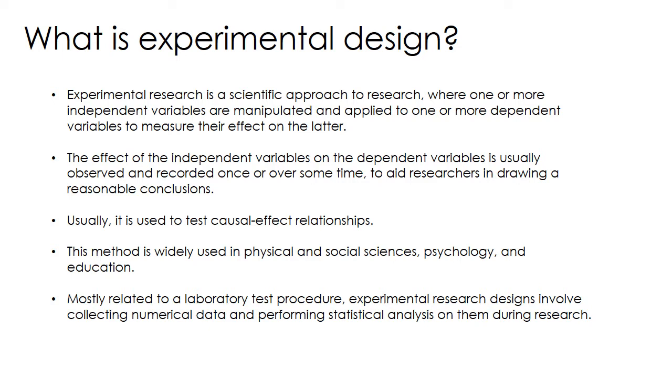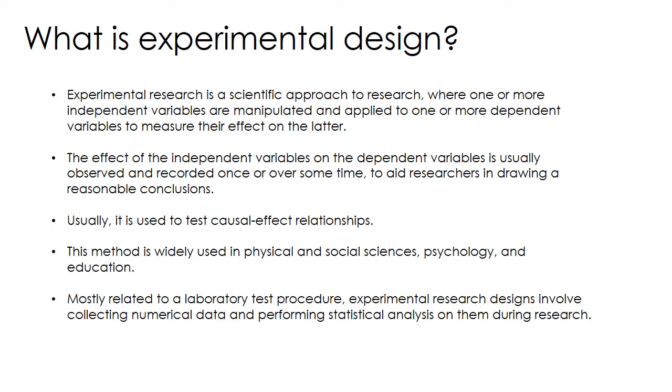In experimental design specifically, what we would like to examine is the effect of one variable on another. It can be one independent variable and its effect on one dependent variable, or multiple independent variables and their effect on multiple outcomes or dependent variables.